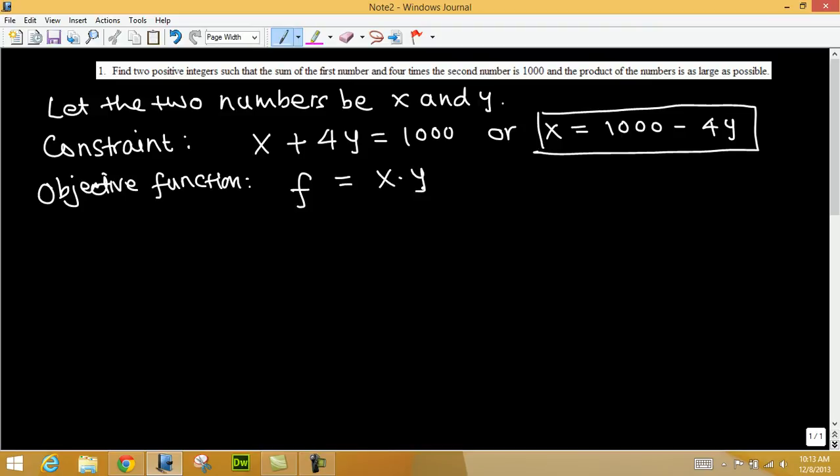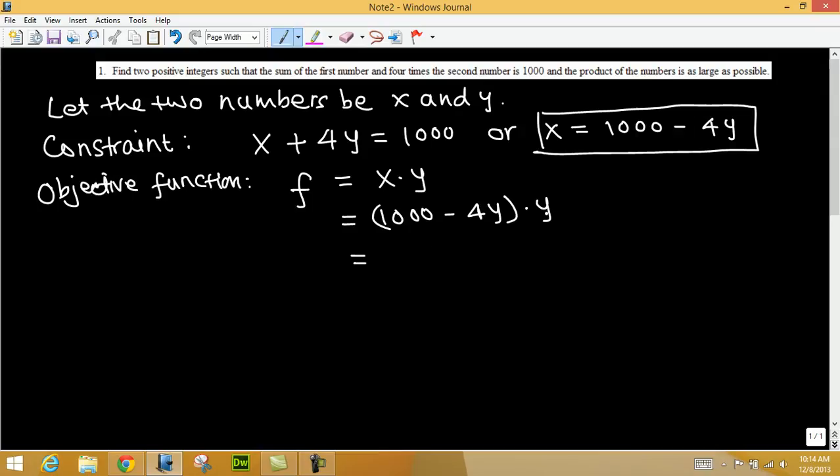That's the objective function, and we want to maximize it. This f function will be a function of y because we are writing in terms of y, but that doesn't matter. So x is here, so (1000 minus 4y) times y. We are trying to write the objective function in only one variable.